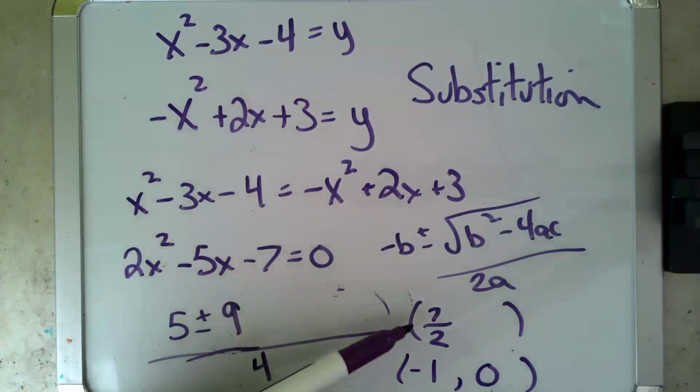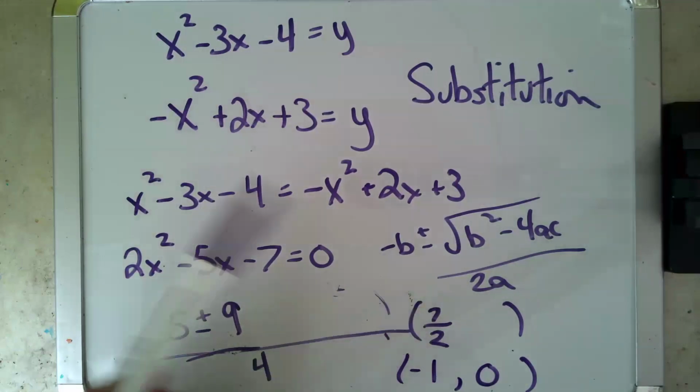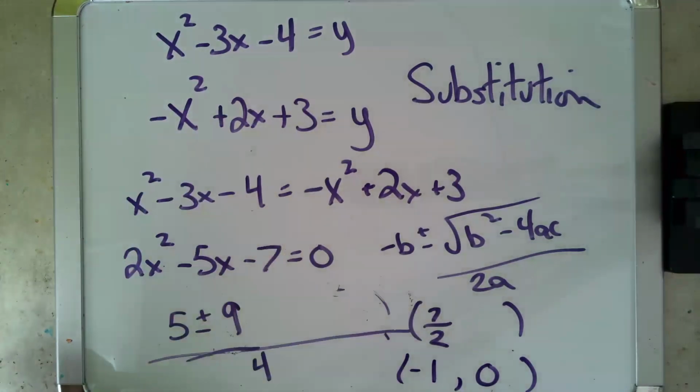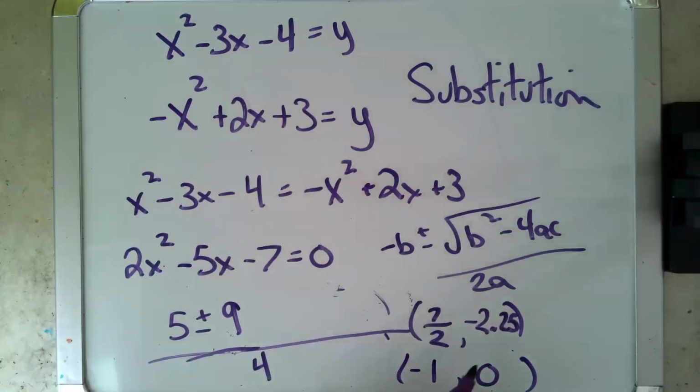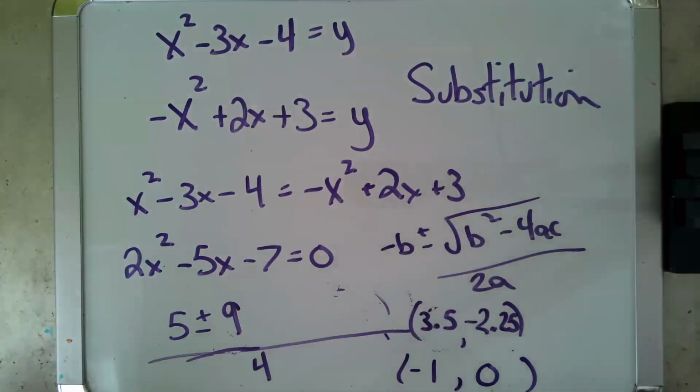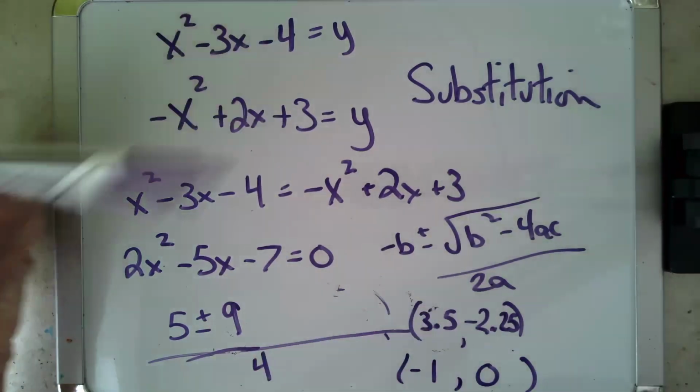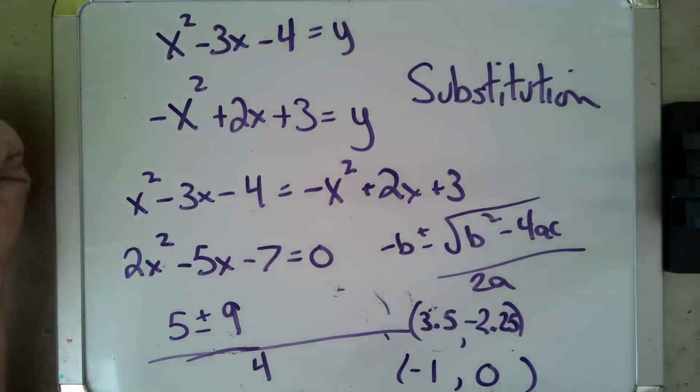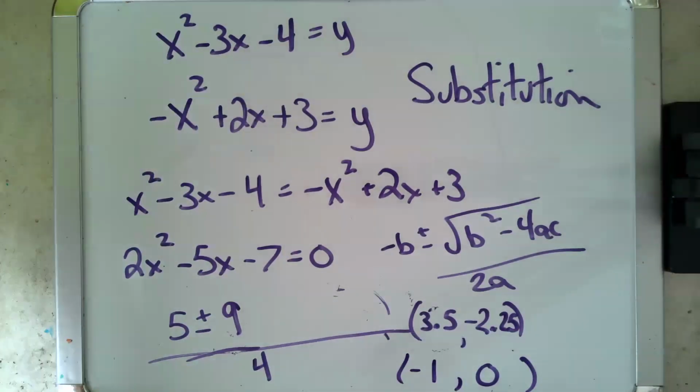And then using our calculator, when we plug 7 halves into this equation, we get negative 2.25. And for consistency, I'm going to write that as 3.5. And so those are the two places where these parabolas will intersect each other. And you can run them through this to make sure that they work for both, and they do.